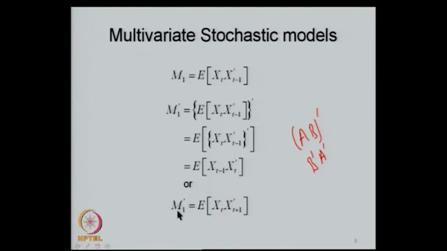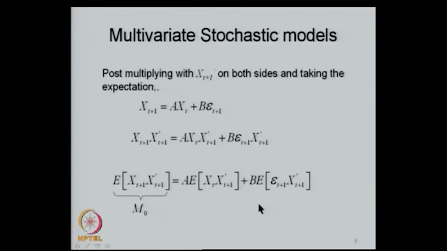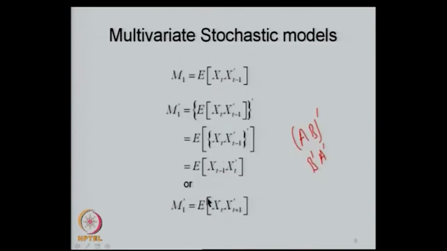So, I can also write m 1 dash as the expected value of x t plus 1 dash. Why I need this expectation: from your earlier expression, I need the expected value of x t plus 1 dash, and therefore, I will be able to write this as m 1 dash. So, m 1 dash is the expected value of x t plus 1 dash.